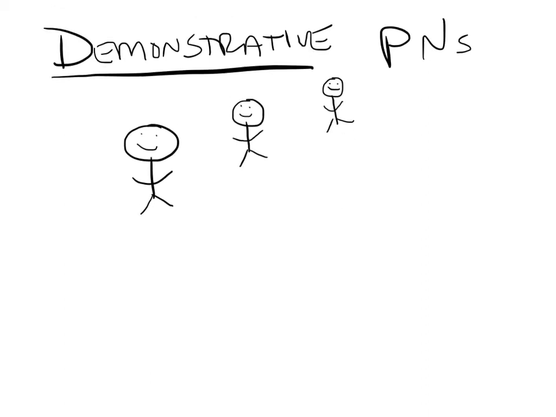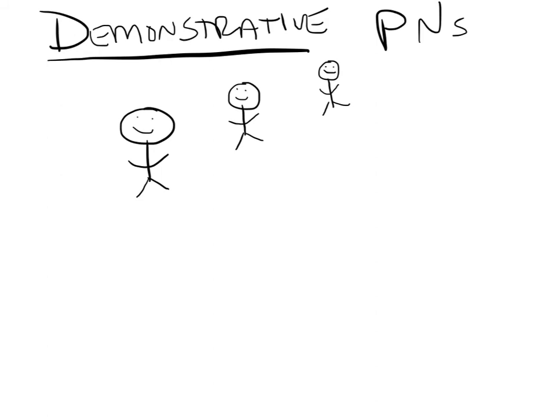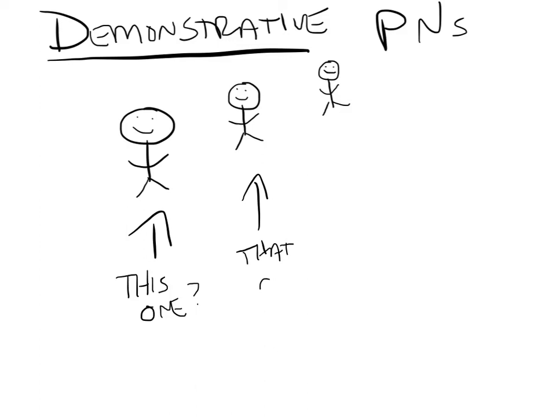They're all smiling. They're all happy to be in my little PowerPoint. So, what I'm asking is, am I talking about this one, that one, or that one way over there? Okay? Notice I didn't say this guy or this boy or this stick figure because I'm using the pronoun. So I'm saying this one or that one.